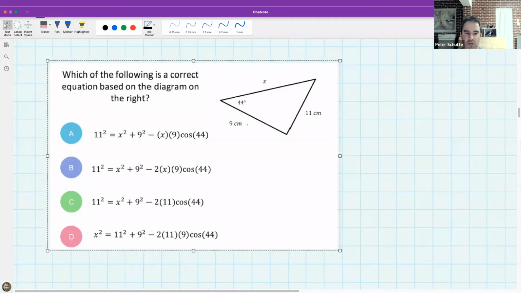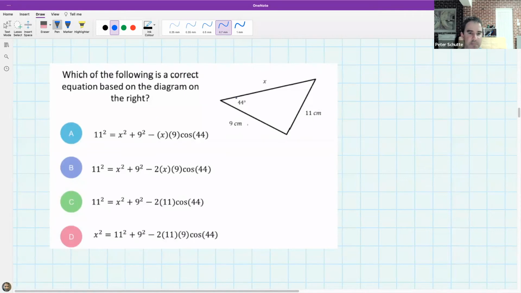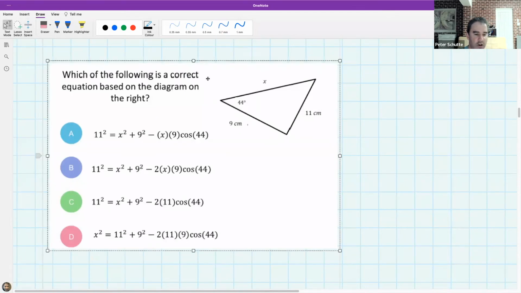And then I want you to put what you think is correct in the actual chat. So at the moment, the triangle is here, and you're given various things. Which of these options reflects the use of the cos rule correctly?